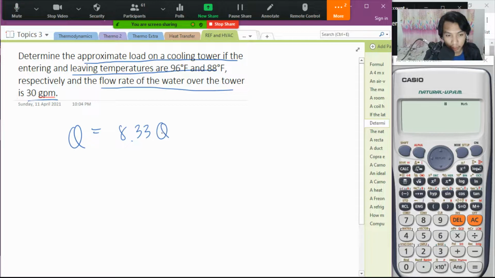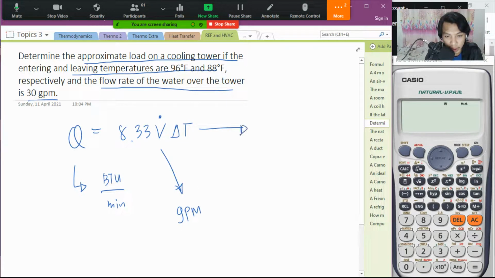Wag na natin Q kasi ito Q, heat na to eh. Gawin nating volume flow rate, times delta T. This value is in BTU per minute. This value is in GPM.